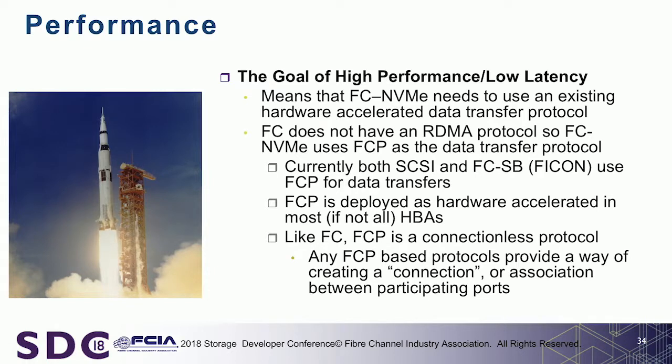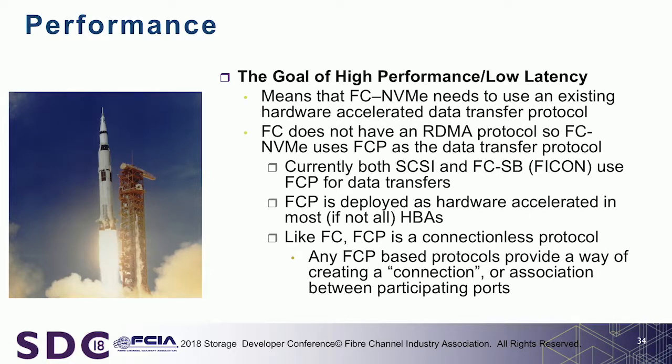So the goal of high performance and low latency means that we wanted to use existing hardware acceleration. Fibre Channel traditionally does not have an RDMA interface, so we are using FCP, as I mentioned, to do the data transfer. FCP was previously used by SCSI and FICON for data transfers.